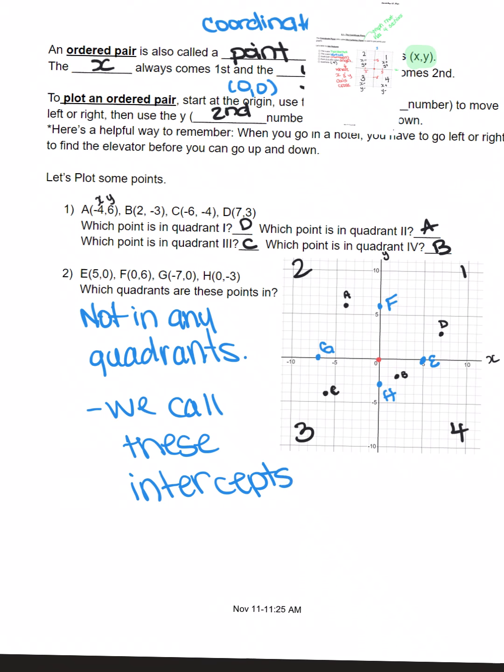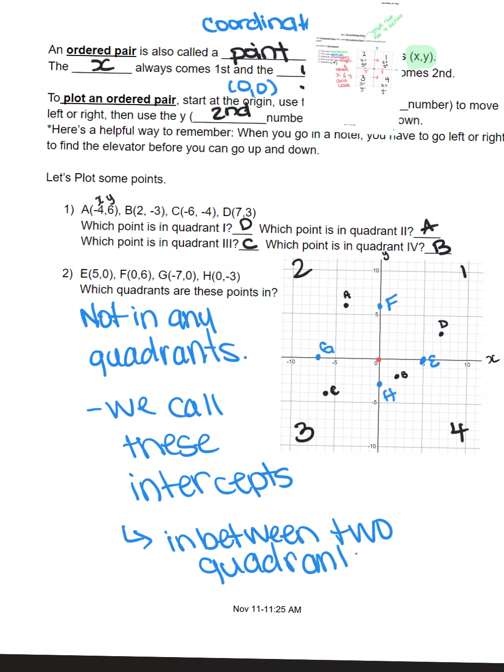Okay, so we call these intercepts because they're in between two quadrants. So they're not actually inside of a quadrant. They're just sitting in between the two of them.